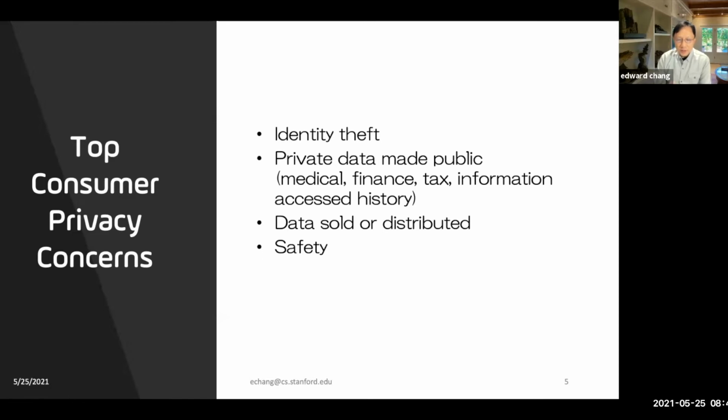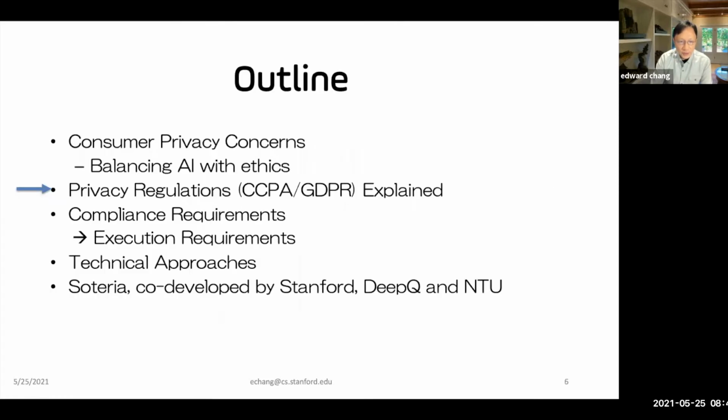So when data is being sold, people will be willing to sell the data for revenue or for charity, but they'd like to know the fact the data has been used. And the safety, if my location can always be tracked, then if people want to impose harm on myself, that's kind of not a comforting situation.